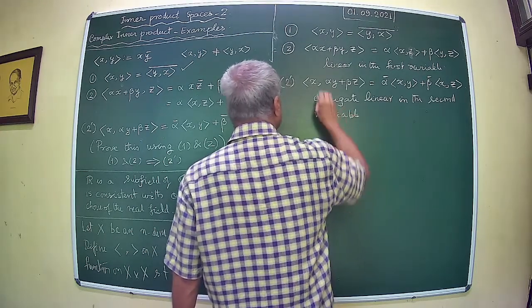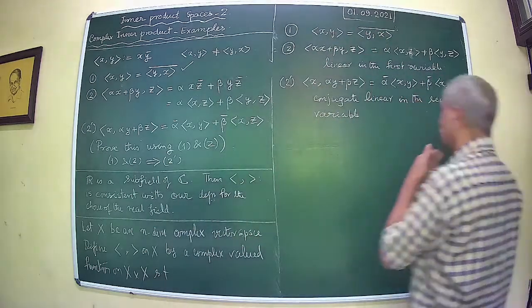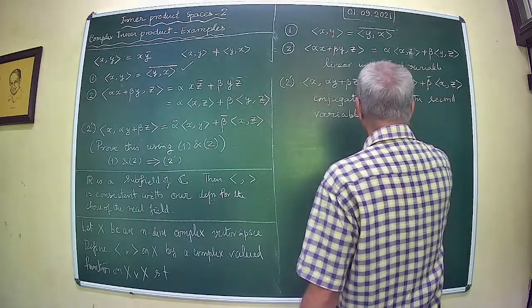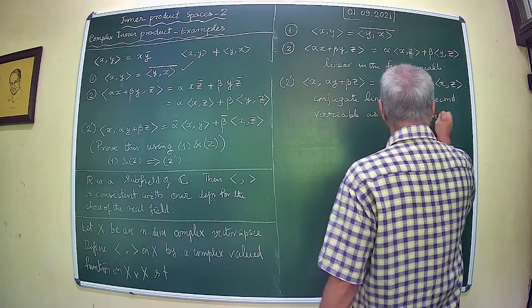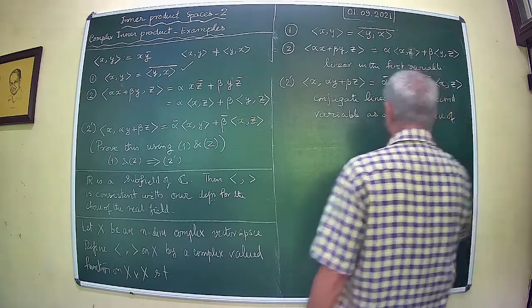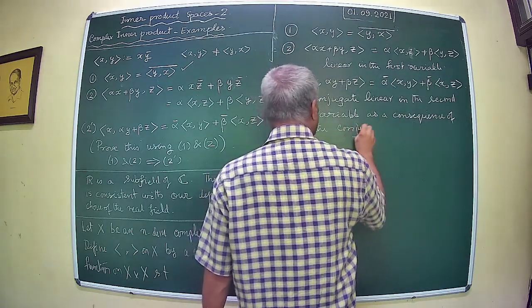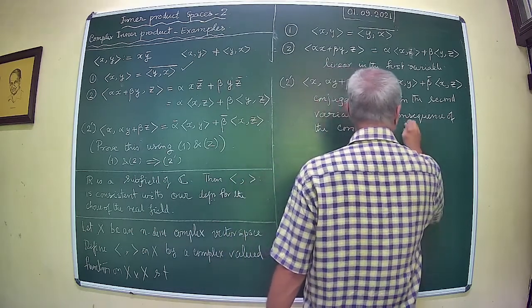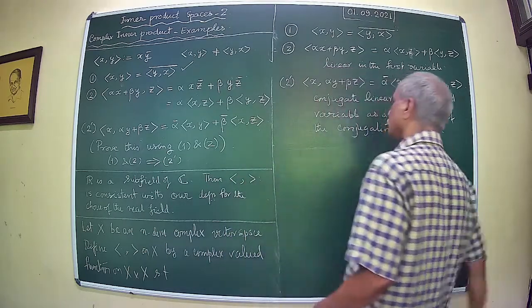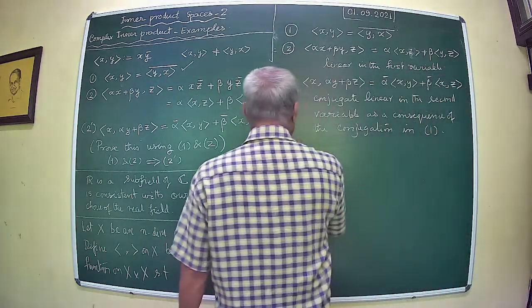Now this is a consequence of the conjugation that is there. And then of course the third and fourth hold.